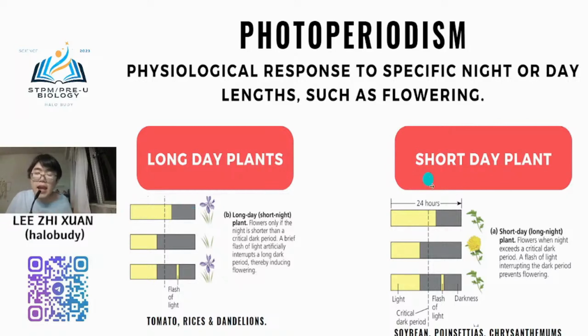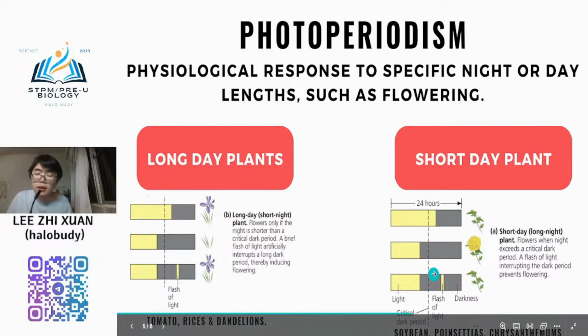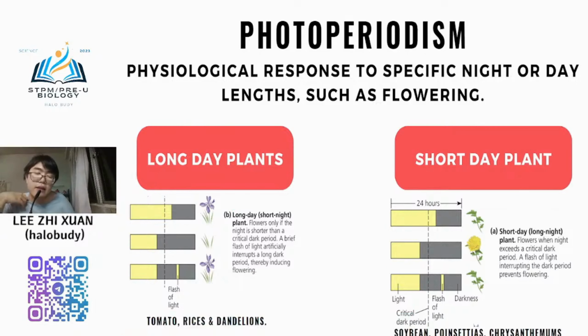Short day plants only flower when the day length is shorter than the critical dark period. For examples, long day plants include tomato, rice, and dandelion. There are more examples, but tomato, rice, and dandelion are the most famous. Short day plants include soybean, poinsettias, and chrysanthemums.